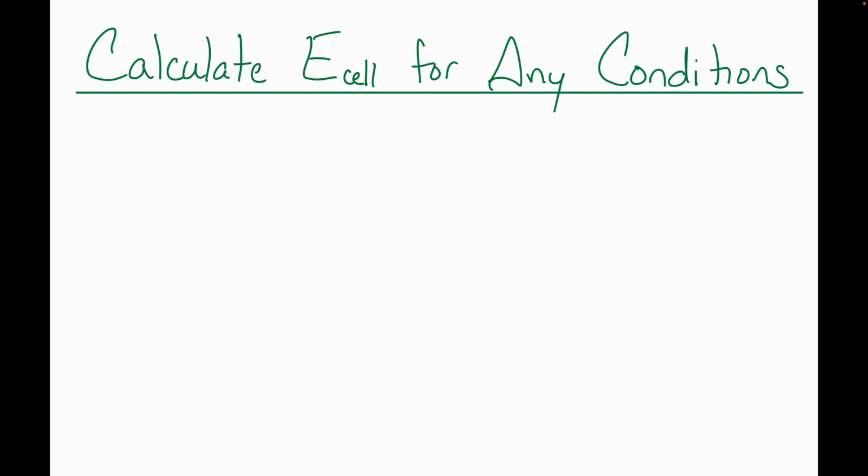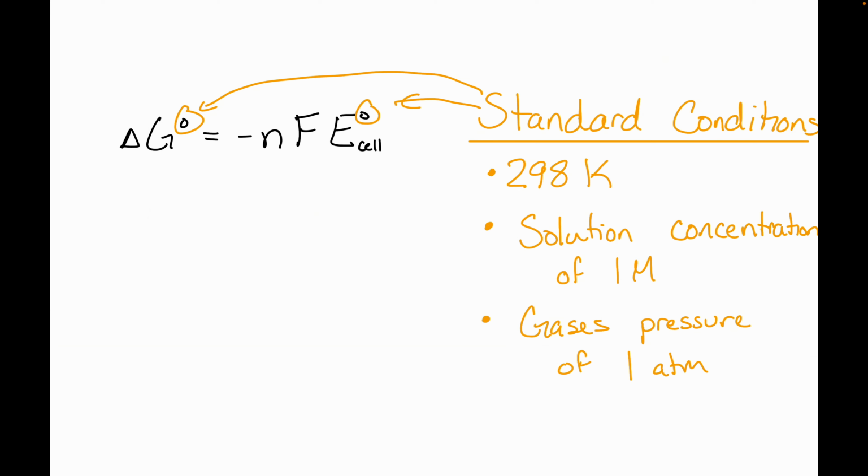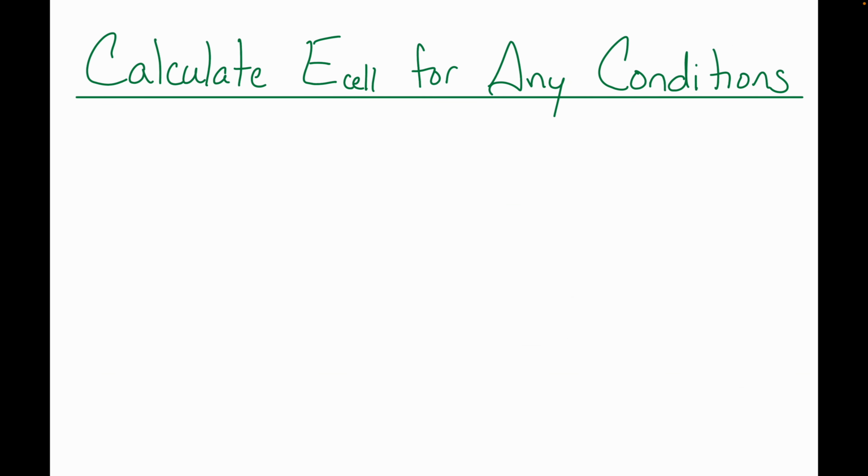Yeah, exactly, right? So we ran into this problem before in our thermodynamics chapter. And how did we factor in these any conditions? We used that reaction quotient Q. All right, so we're actually going to start in a very similar place. We're going to start first with our relationship that we derived between delta G and our potential of our battery.